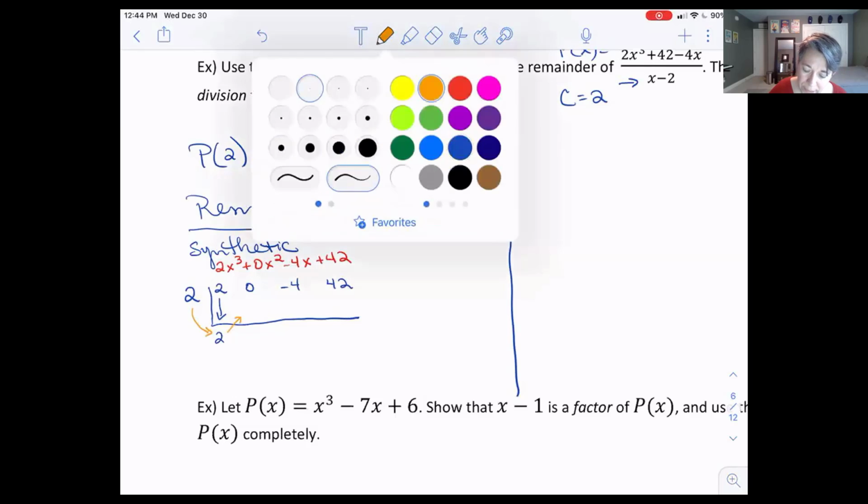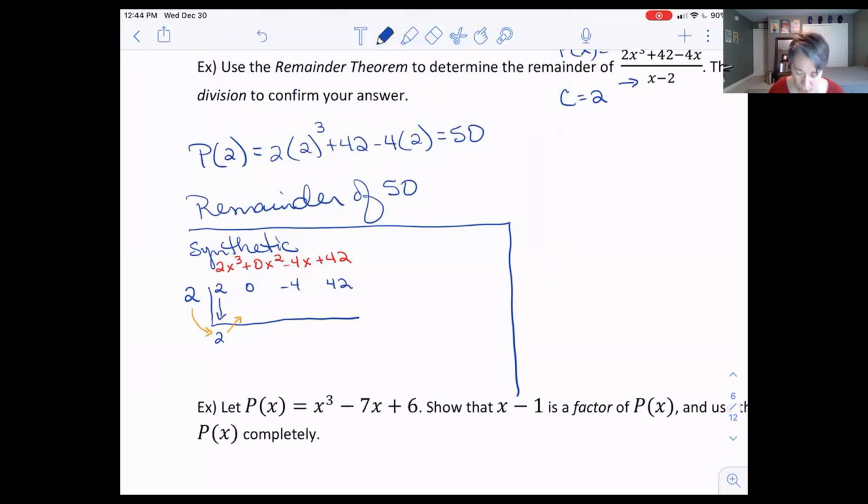And we do that every single time. So this becomes a 4. And then we add the 0 and 4 and get 4. We multiply it by this outside 2 again and get 8. We add the negative 4 and 8 and we get a positive 4. We multiply that outside 2 and the 4 and we get an 8, and we end up with 50 as our remainder.